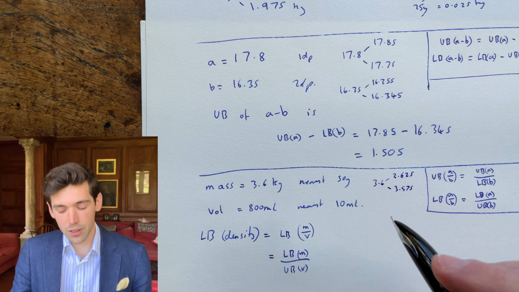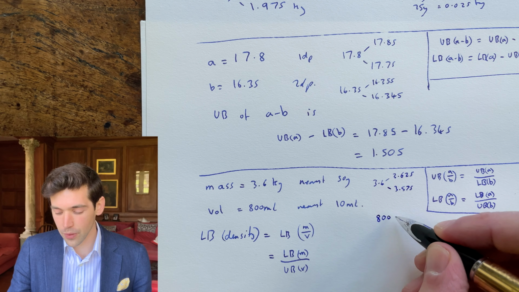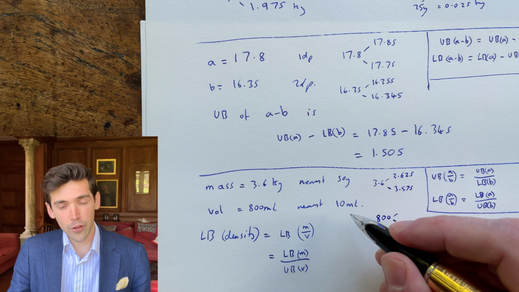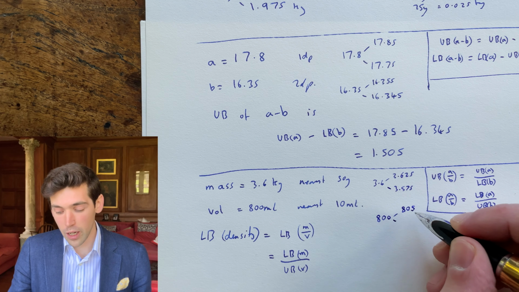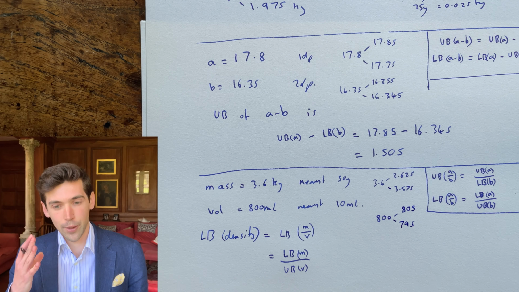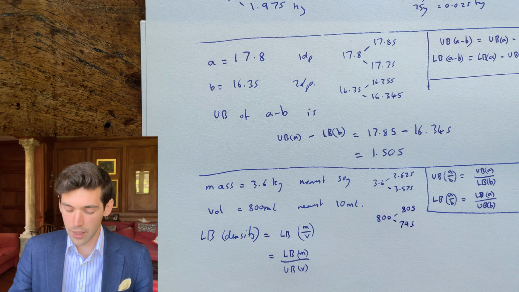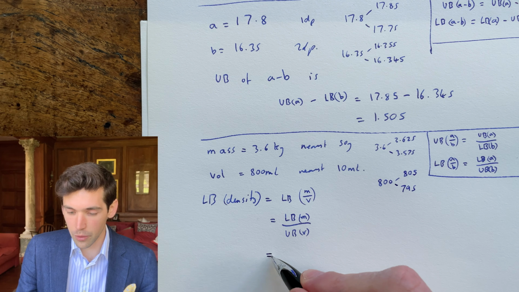And now 10 milliliters, hopefully you've had a chance to think about this a bit. Actually, if we half that, we get 5 milliliters. So anything between 805 and 795 will round to 800, to the nearest 10. Okay, so now we just put those numbers in and see what we get.